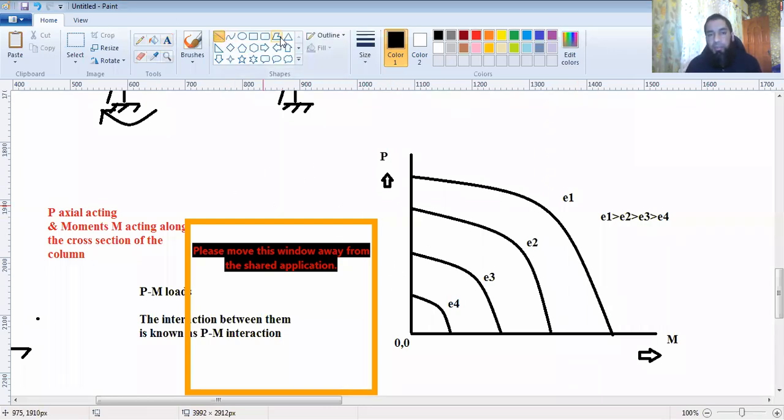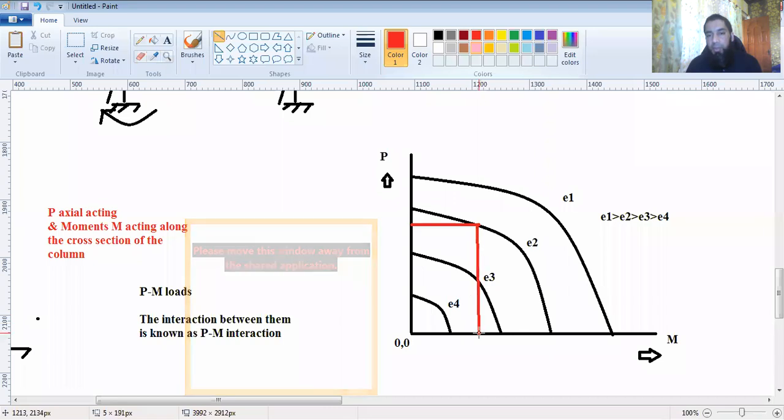From these curves, you can get, for example, there is a load of this much magnitude acting at eccentricity of E. You can accordingly get the amount of moment from these curves.